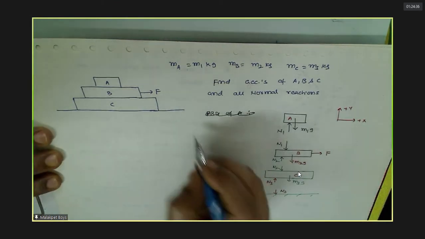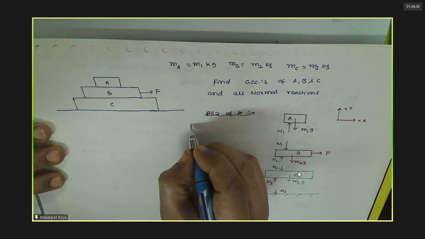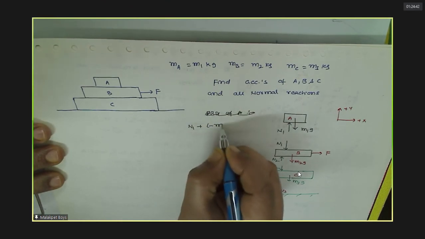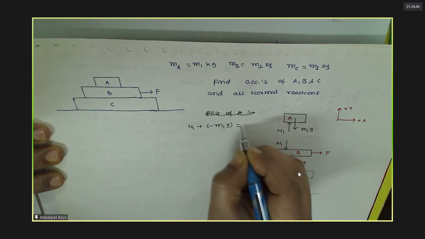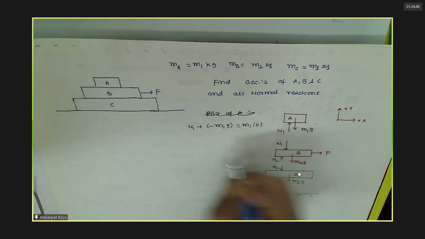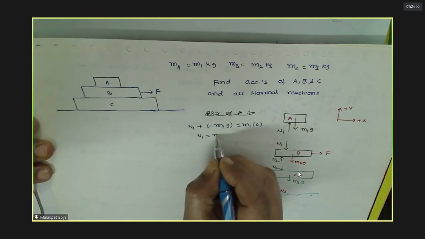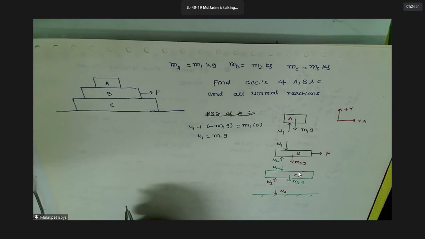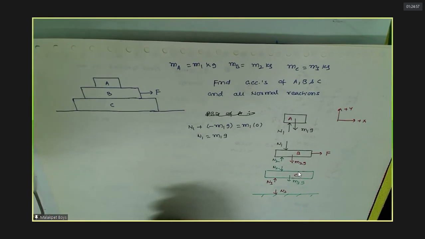For the first body, you have upward N1 minus M1G. There is no acceleration now.